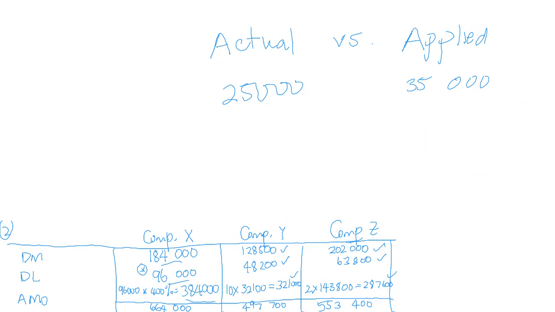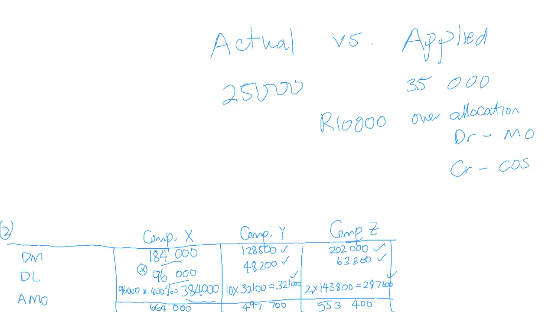So the 10,000 Rand difference is a positive figure, and this is seen as over allocation or over costed or over applied. This means we allocated too much, and the entry here is the opposite. Instead of debiting cost of sales and crediting overheads, we do the opposite. We debit overheads and we credit cost of sales.